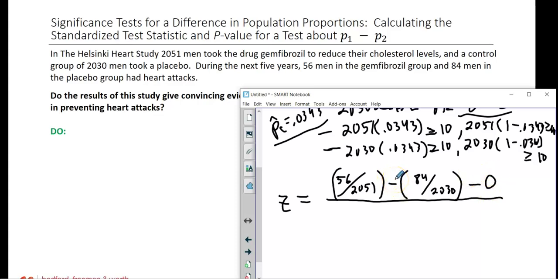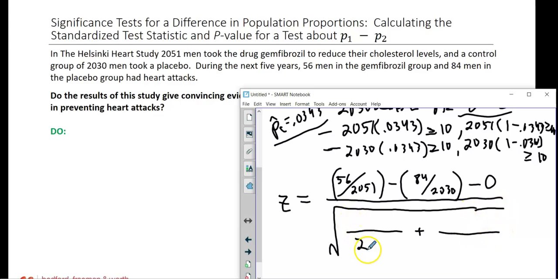Yeah, that's right. And then in the denominator, you're going to have two fractions added together. First one's over 2051. Second one's over 2030. Probably been easier if I converted these to decimals. It's probably the easier way.